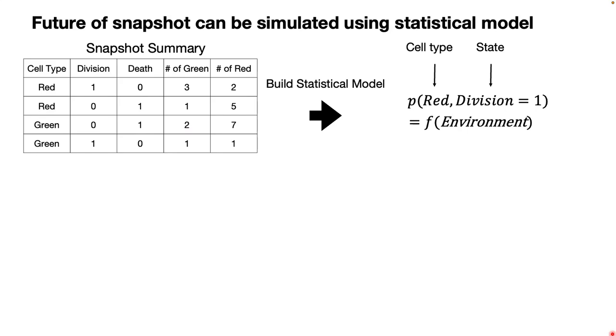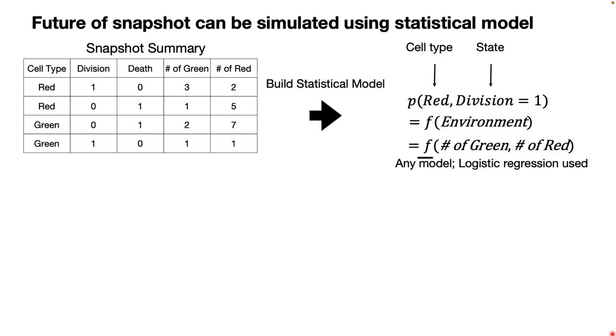As I mentioned just before, because cell-to-cell communication and their environment really affect their division, growth, and death, they want to write it as a function of the environment. But really simply, they just consider this environment as the composition of the neighborhood. This function F can be any model, but in this paper, we use logistic regression, the simplest choice, to calculate this probability.